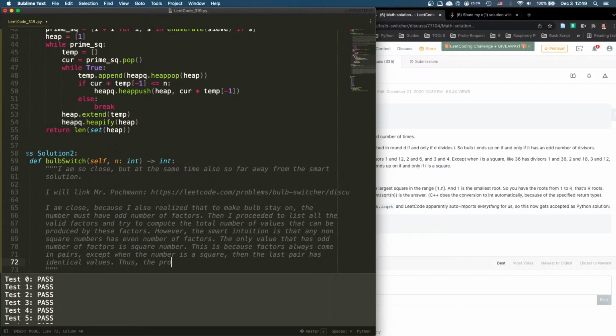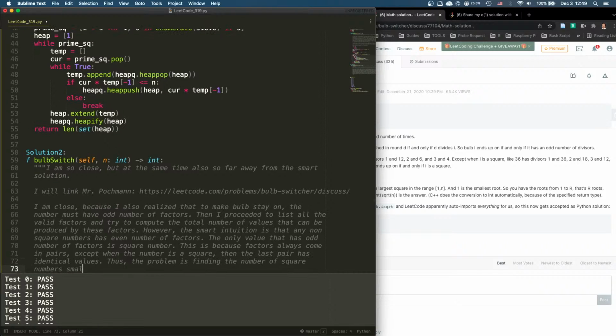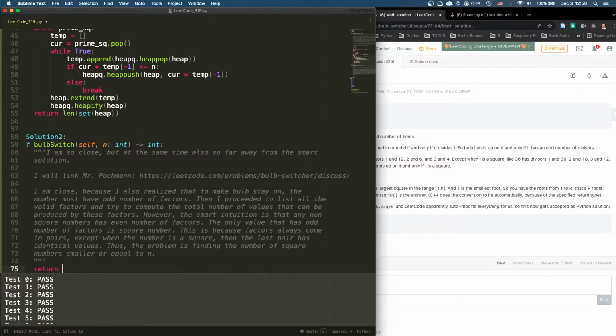Thus, the problem is finding the number of square numbers smaller or equal to n. Turn int math.sqrt n.